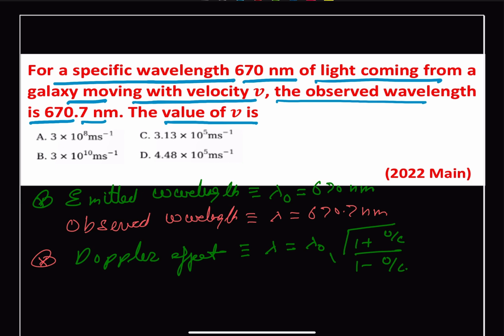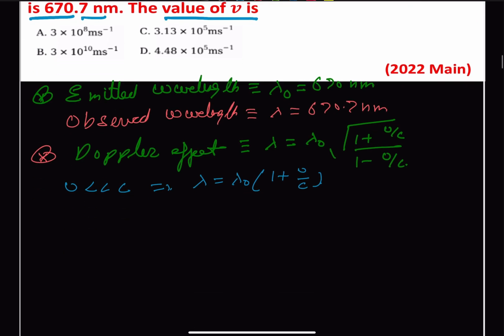And for V which is very much less than C, we can approximate the formula that our lambda will be equal to lambda naught times 1 plus V upon C. And we can solve it further, that from here we can write that lambda upon lambda naught is equal to 1 plus V upon C. This gives us that V upon C is equal to lambda upon lambda naught minus 1, giving us lambda minus lambda naught divided by lambda naught.